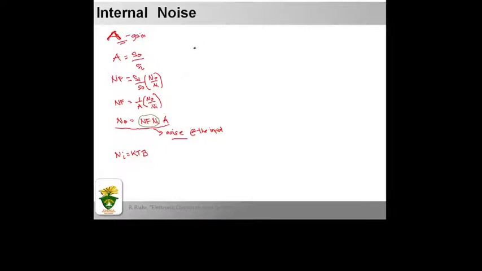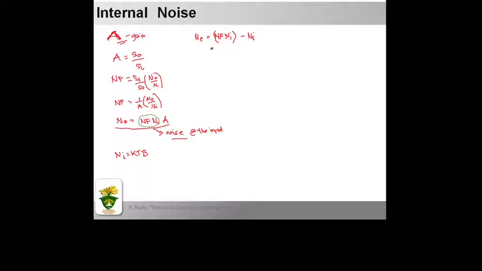So N equivalent at the amplifier is noise at the input source, so we have NF times Ni minus the thermal noise, which is Ni. So that is the equivalent noise generated by the amplifier.